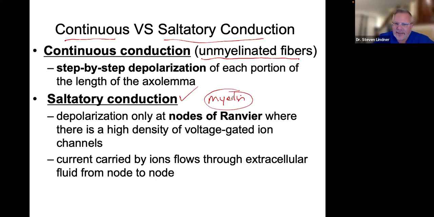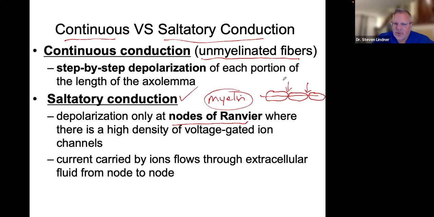Where we have myelin, if you think back, if this is an axon, and then we have a Schwann cell here, and then we have a Schwann cell here, and then we have another Schwann cell here. The gaps in between the Schwann cells are unmyelinated, and those gaps are called the nodes of Ranvier.